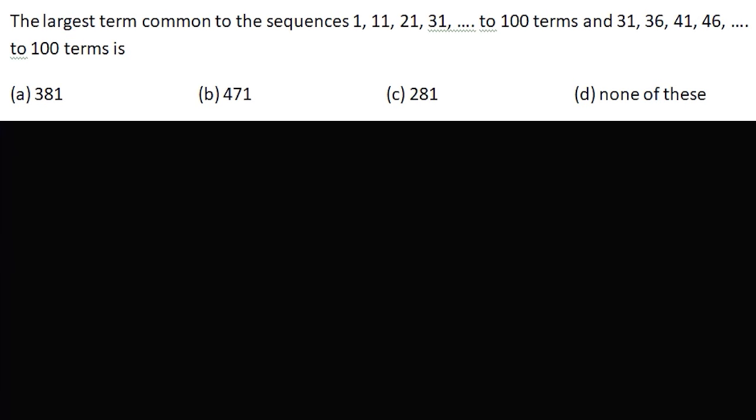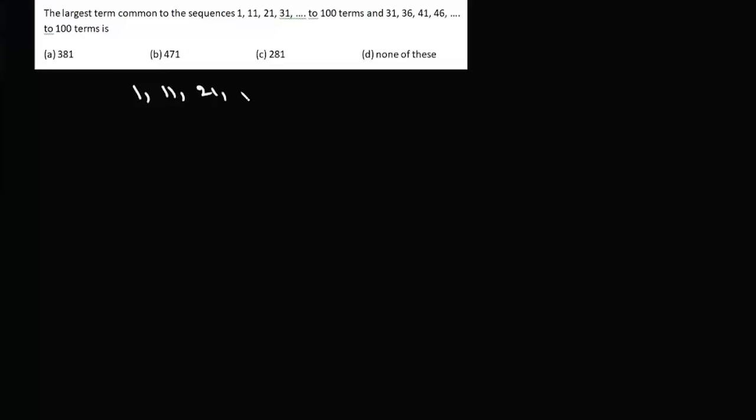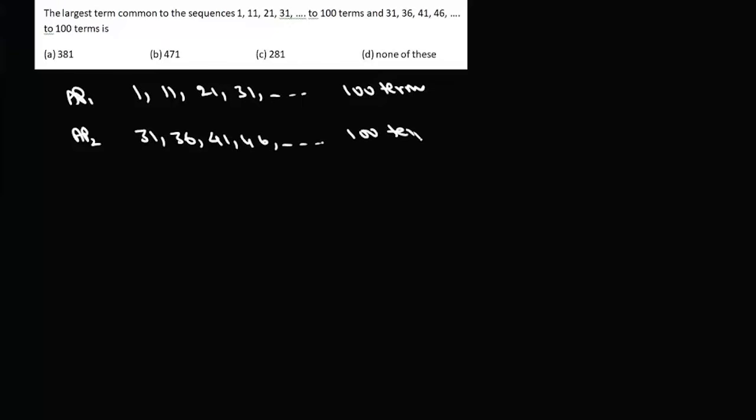Let us take another example. In this question, it says find the largest term common to these two sequences, both of which are APs containing 100 terms. So the first AP is 1, 11, 21, 31 up to 100 terms. And our second AP is 31, 36, 41, 46 up to 100 terms.